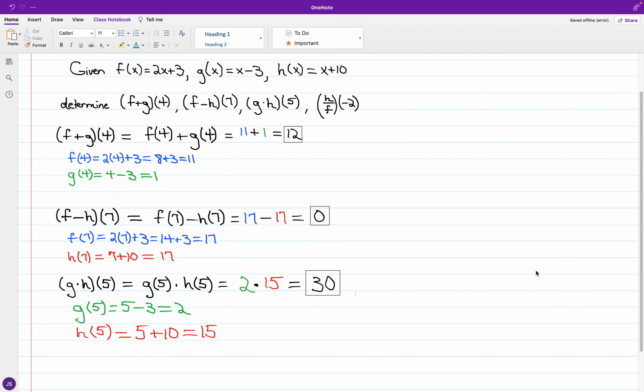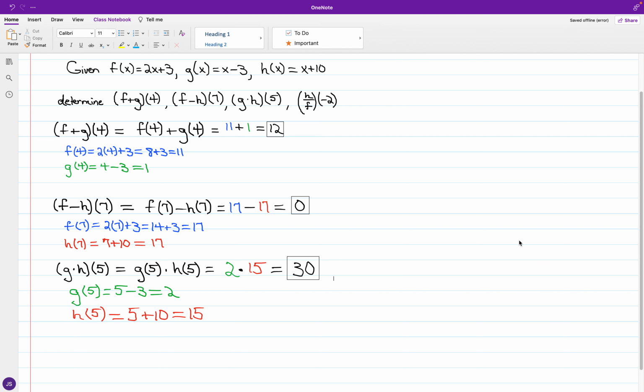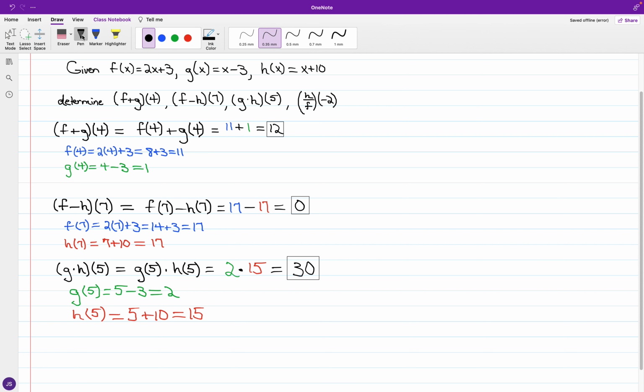All right, and we have, in the case of the quotient function, for h over f of negative 2, again, for the quotient function, we can split this up as the quotient of the functions where we have h of negative 2 in the numerator and f of negative 2 in the denominator.